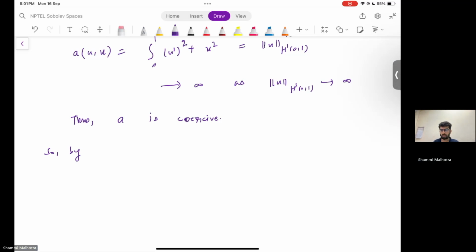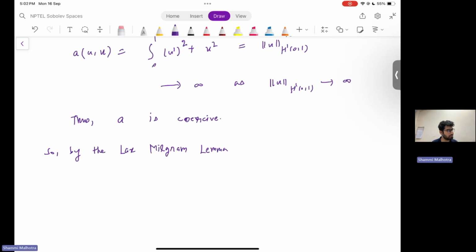Now the Lax-Milgram lemma. What do we have here?